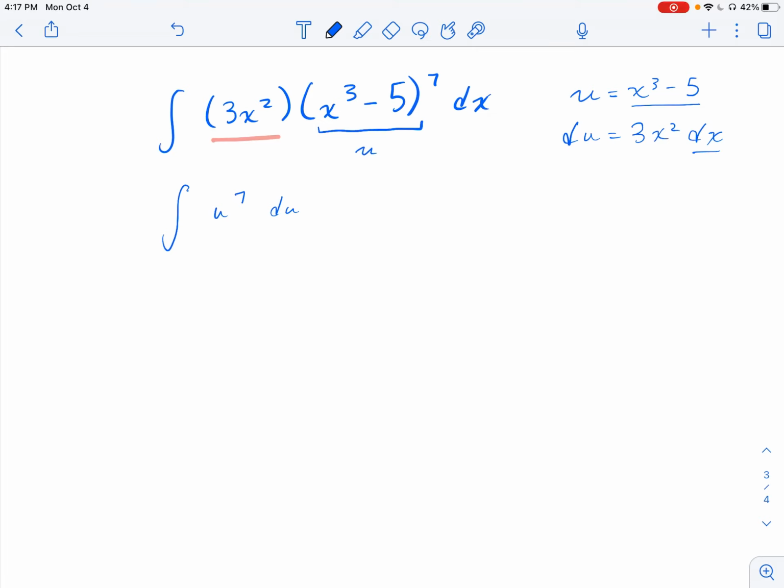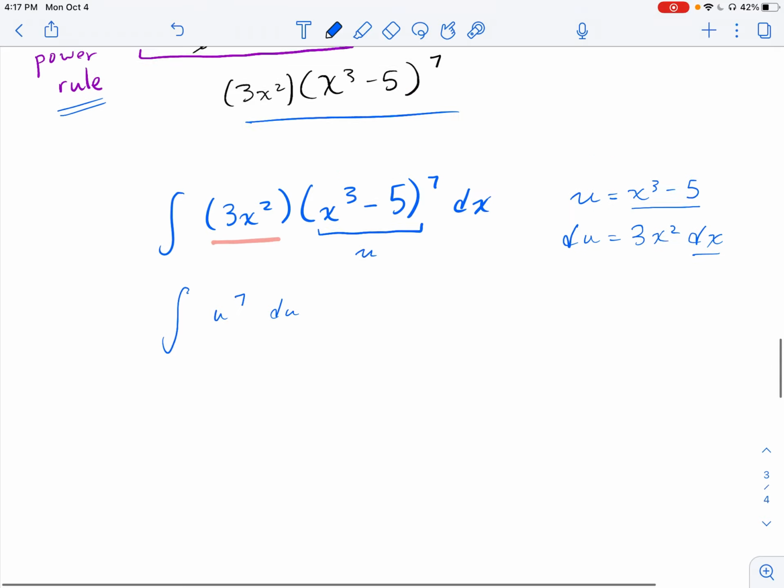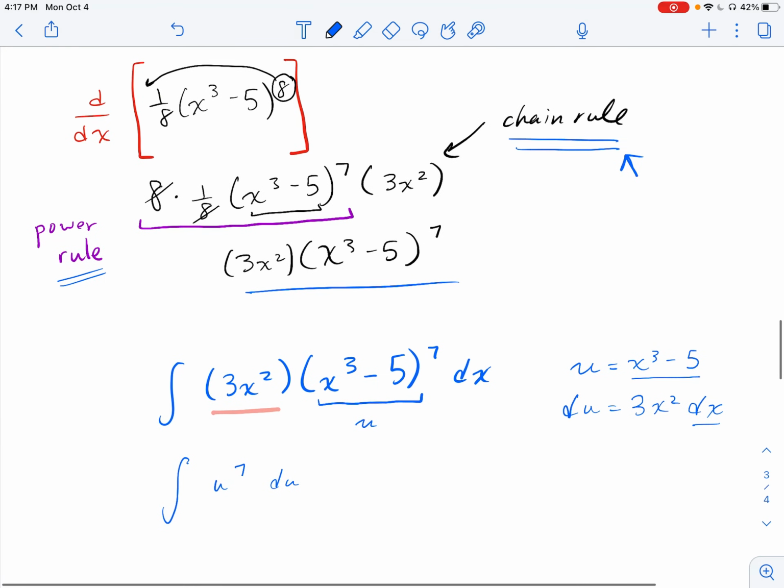Now here's the deal with that. This du must be in our integrand. 3x squared dx must be in here in order for us to have reversed the chain rule. If we go back to our original problem here, this 3x squared came as a result of applying the chain rule.